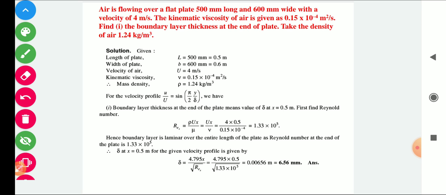But in this problem the kinematic viscosity is given, so mu upon rho is equal to kinematic viscosity nu. Now Reynolds number is V x upon nu. Put the values of V, x and nu in this equation, and finally the value of Reynolds number is 1.33 into 10 to the power 5. This value is less than 2 into 10 to the power 5. It means the flow is laminar.